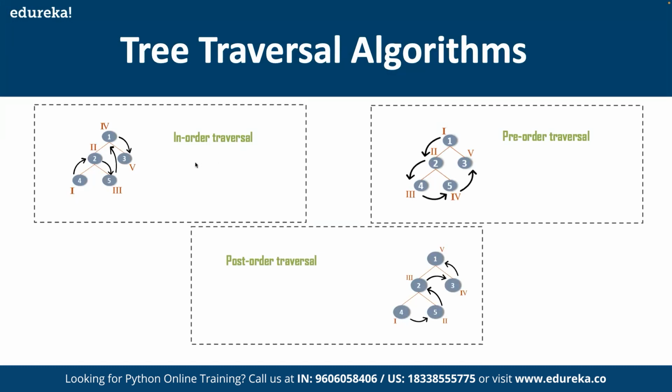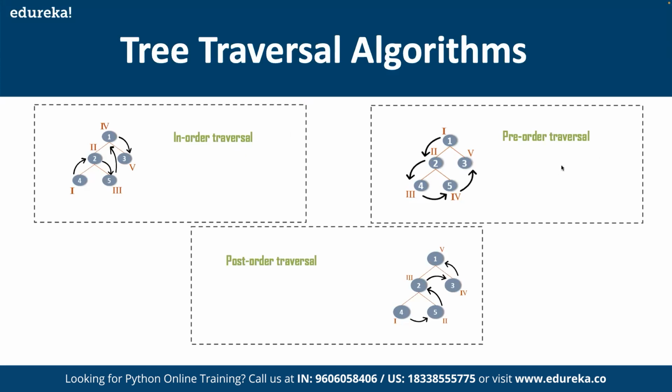You can look at how it looks in the case of the in-order traversal. You can follow the arrows to see how exactly the in-order traversal would look. It starts with the left bottom, then goes to the top, the parent, then comes to the right bottom, and it follows the same to reach the top.